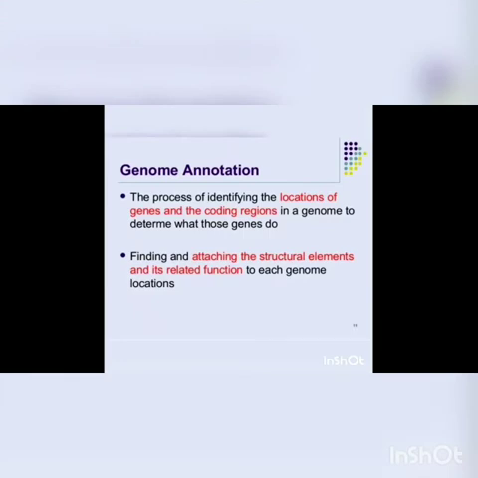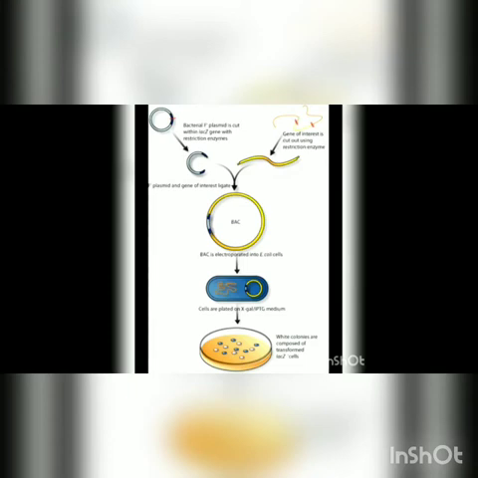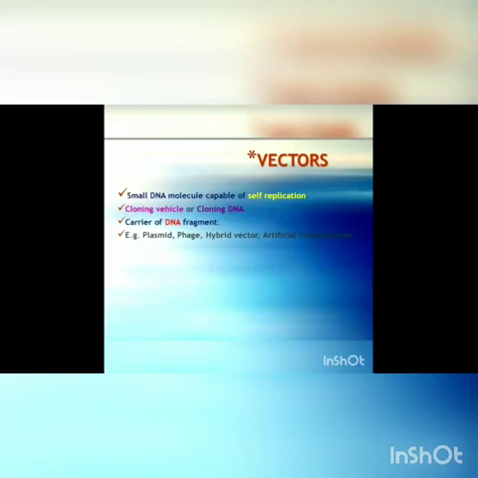For sequencing, the total DNA from a cell is isolated and converted into random fragments of relatively smaller sizes and cloned in a suitable host using specialized vectors. What are vectors? Vectors are used for transmitting these genes.